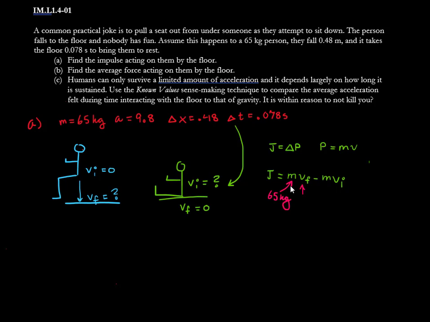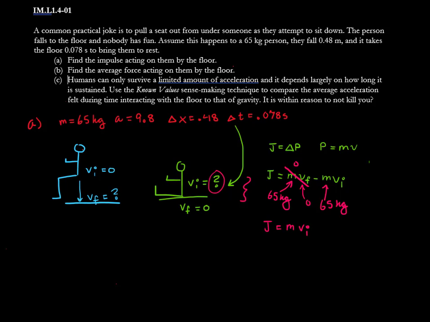Velocity final is going to be 0 for this segment here. And mass again is going to be 65 kilograms. And we don't know what the initial velocity is. That's this question right here. But it turns out that this is the same as this value because these two segments of time are in succession. And cross this out because we know it's 0 and rewrite this as impulse equals mass times initial velocity for the second segment.